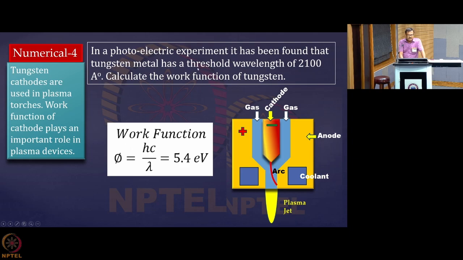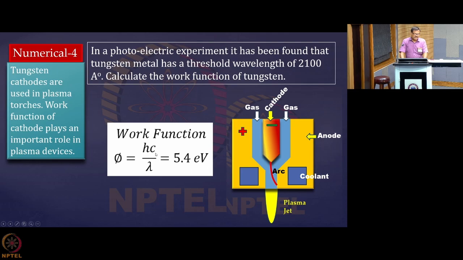Whenever the electrons come out, you can collect them and get a current, which you can detect using a current meter. So here, if you note this lambda, the work function is coming to be 5.4 eV.